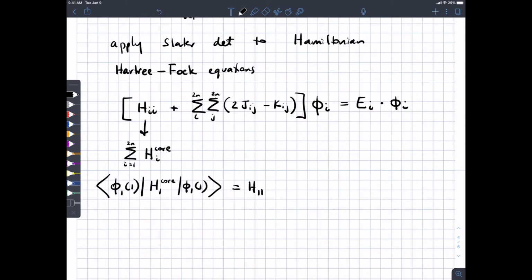And that's a favorable number. That basically describes how favorable it is to have that one electron near that nucleus or that set of nuclei, with the kinetic energy that it has. We call that a core integral because it only involves the single electron with its environment. Okay, questions about where that comes from?